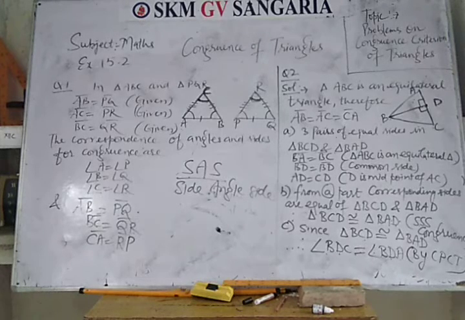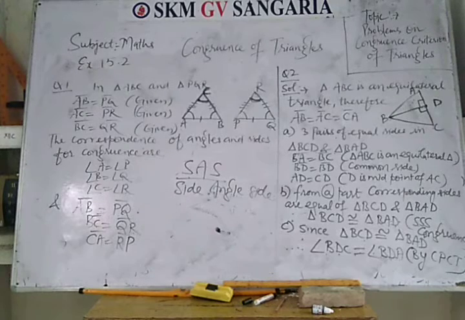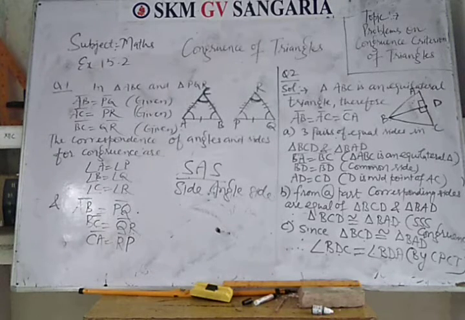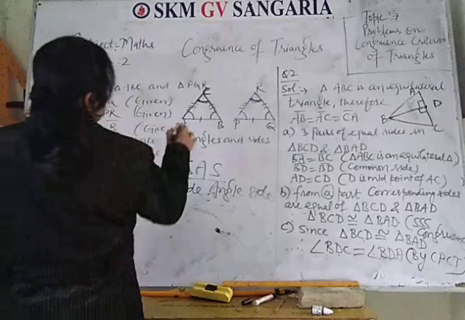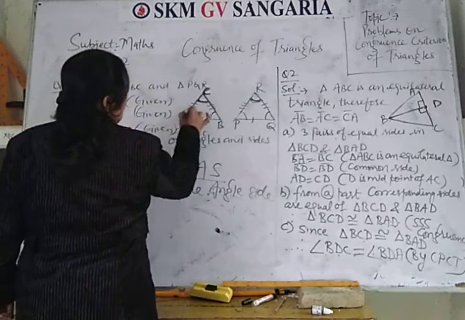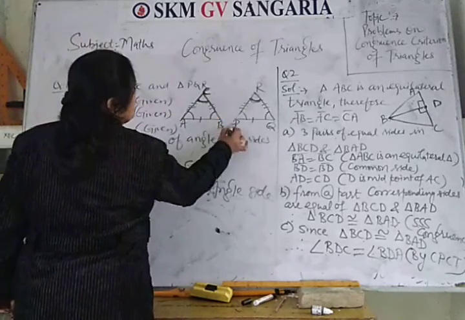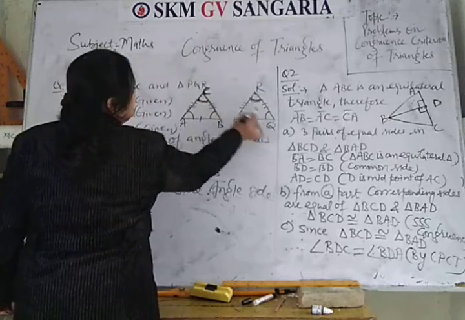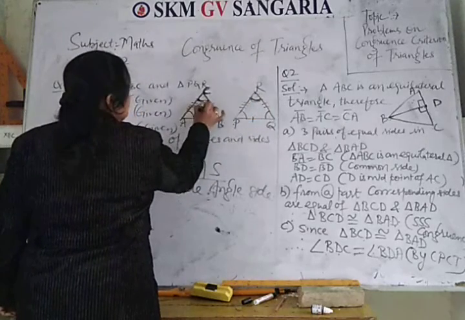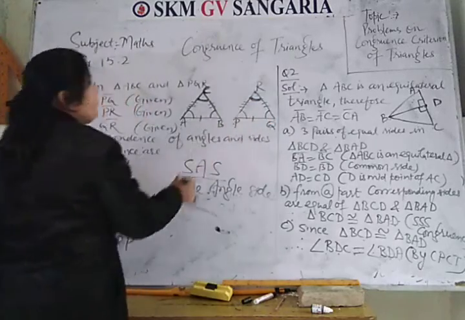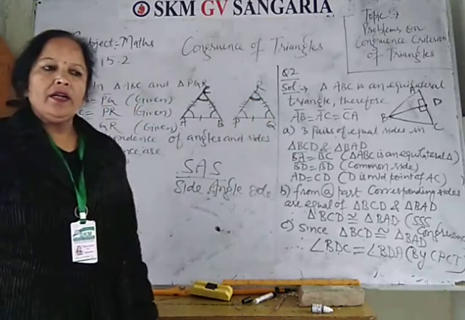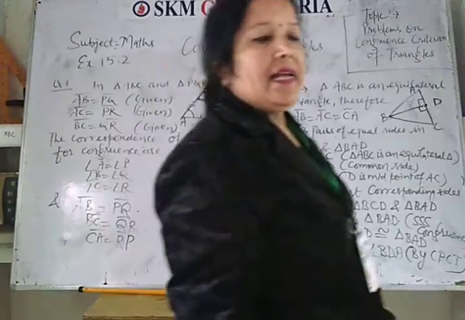For two triangles to be congruent by the SAS rule, the included angle between the corresponding equal sides is also equal. Here two sides are equal, AC is equal to PR and BC is equal to QR, then the included angle is angle C and angle R. Then the triangles will be congruent by the SAS rule.